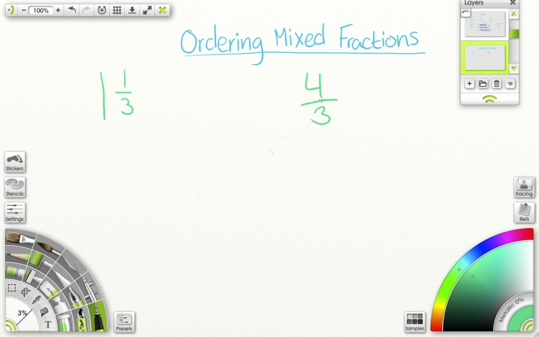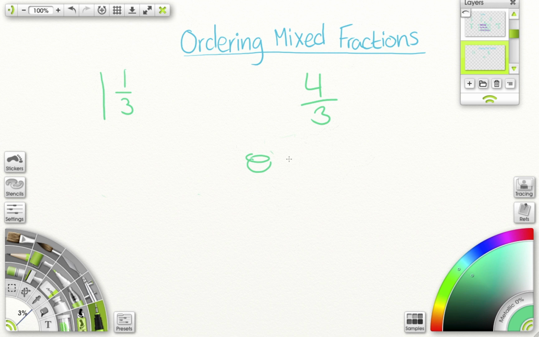However, if 4 is bigger than 3, that means it's an improper fraction. That means this top number is bigger than the bottom. But to put it visually, let's say a recipe calls for 4/3 of a cup of flour. It never will, but let's just use it for an example.